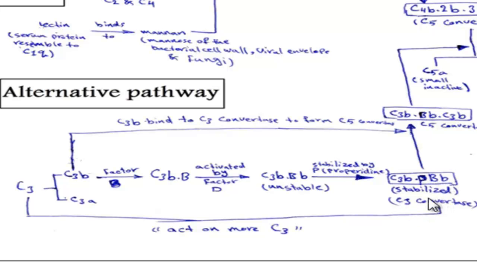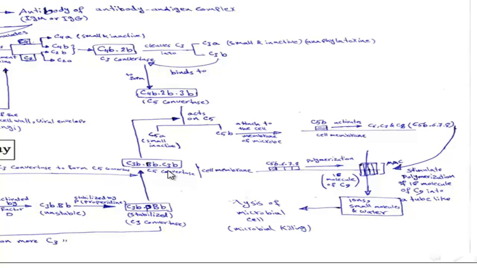Now, the C3 convertase acts on more C3, yielding C3A and C3B. C3B binds to factor B, yielding this complex, and activation of this complex occurs again, and the following reaction is repeated again and again. Now, when the C3B is accumulated, it binds to the C3 convertase to form C5 convertase, which is C3bBbC3b.